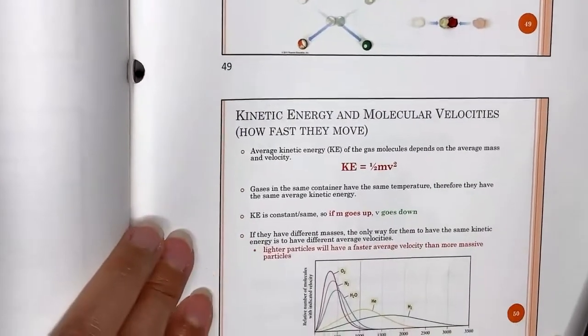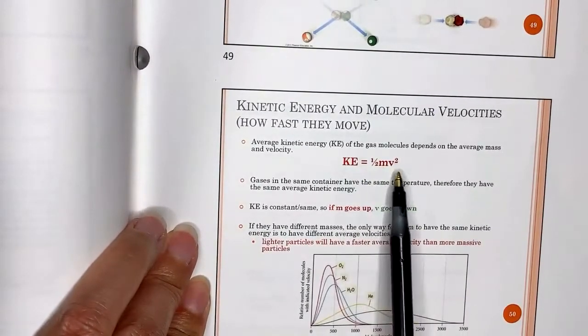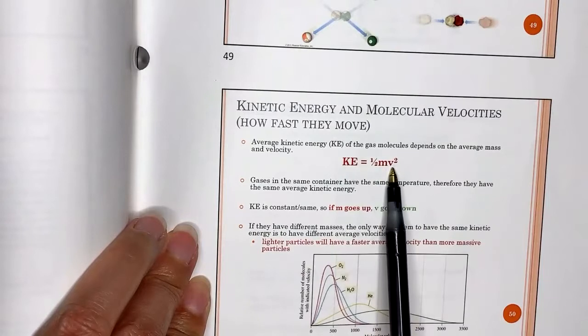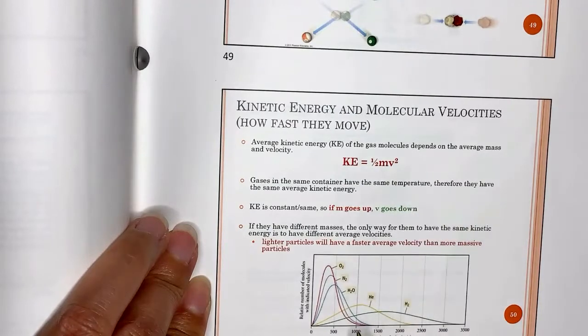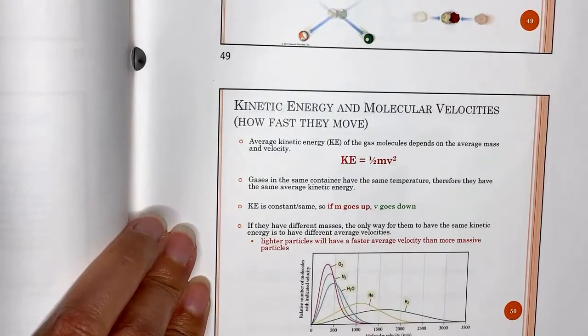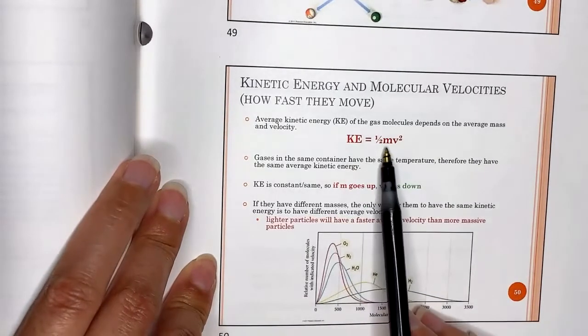Now, kinetic energy is dependent on temperature, remember? And kinetic energy equals half mv squared. So m is how heavy it is, v is how fast it's going, the velocity. So if you have different kinds of gases, but all of them at the same temperature, that means all of them will have the same average kinetic energy, but they won't be moving the same speed.